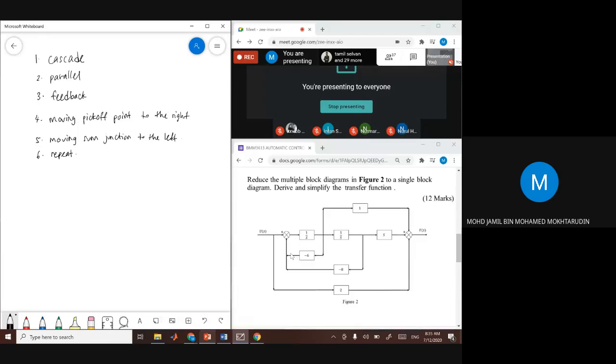After you feedback, then you cannot remove this summing junction because there is minus 8 here that goes to this summing junction. Or you can move pick-off point. So the pick-off point that you can move is this point here. You can move to this side, to the right, okay?